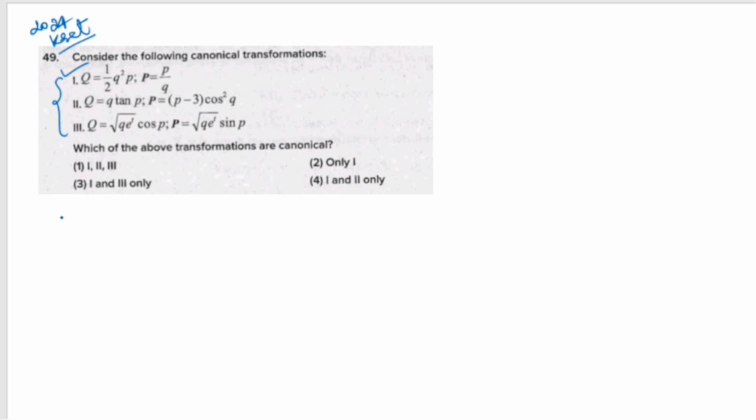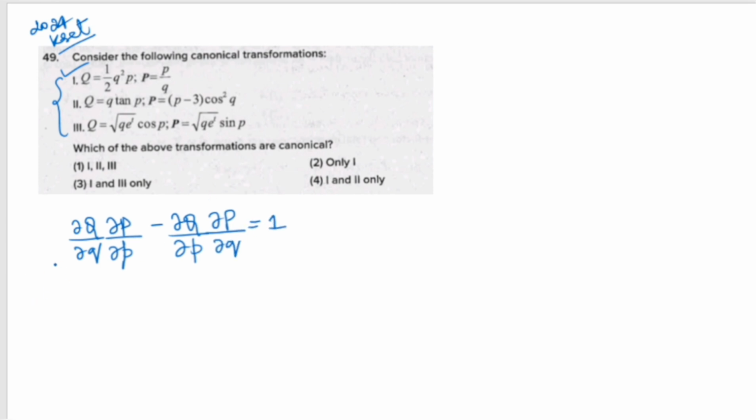Okay, so they have given Q to be half of q square p, and P to be p divided by q. According to the canonical transformation formula, dou Q divided by dou q and dou P divided by dou p minus dou Q divided by dou p and dou P divided by dou q, which is equal to 1.